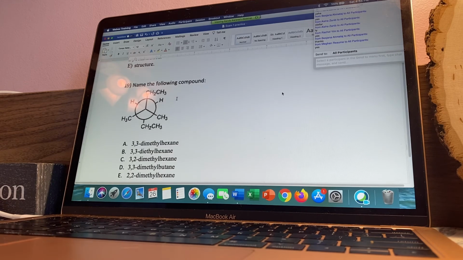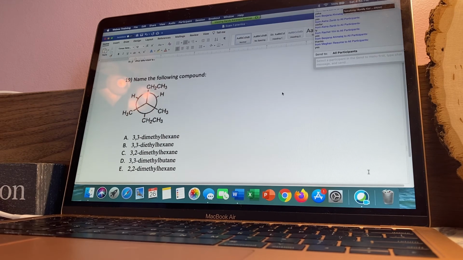Okay, so 19 might take a little bit also. Take your time on this one. I really, really recommend drawing out the molecule in skeletal form. First do that and then name it.